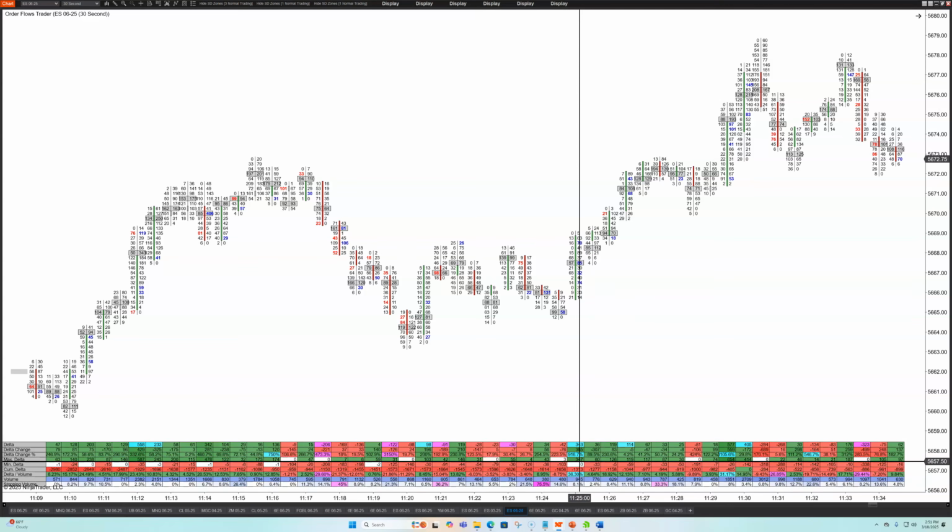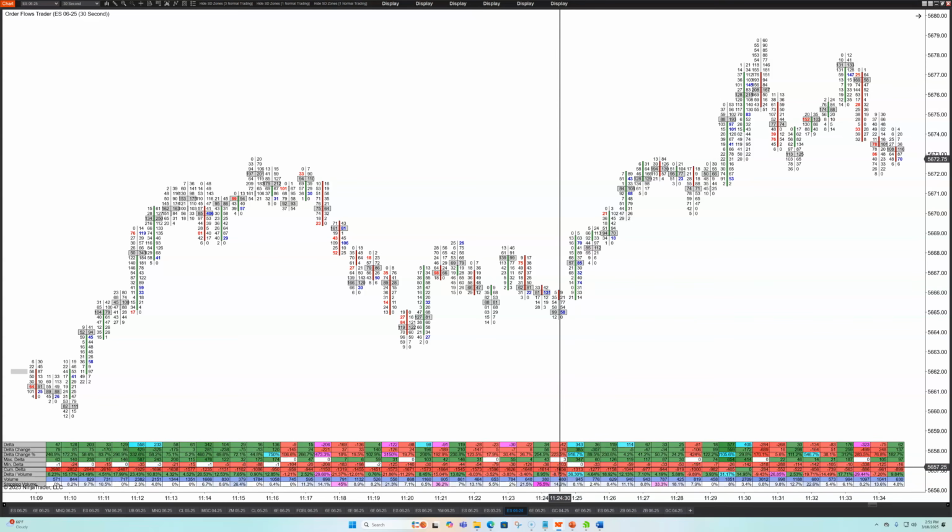It's telling you that at its strongest point, the positive delta was 347. Then in this red candle, we have min delta, which is the opposite of max delta, how strongly negative delta was in a bar. It's minus 103. So it's telling you that at one point the strongest net selling was minus 103 contracts.